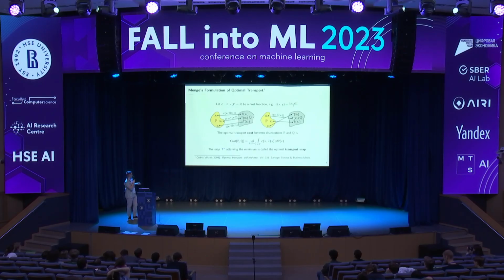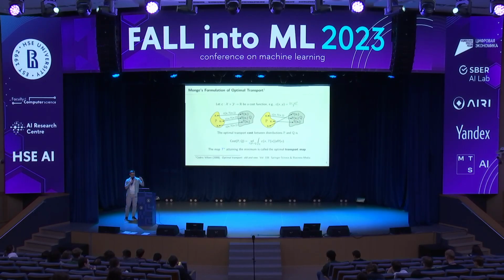So again, what is optimal transport? In this problem, we consider two probability distributions, P and Q, and we also have some cost function C, which defines a metric between two objects, X and Y. And we want to find a map T, which will map our distribution P into distribution Q, but it will have the minimum expected value of this cost function.